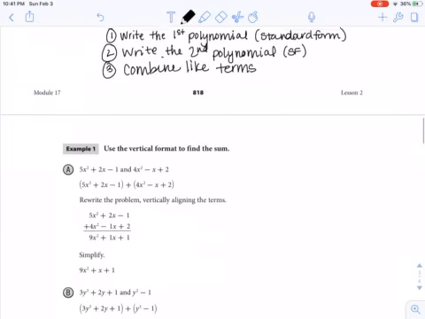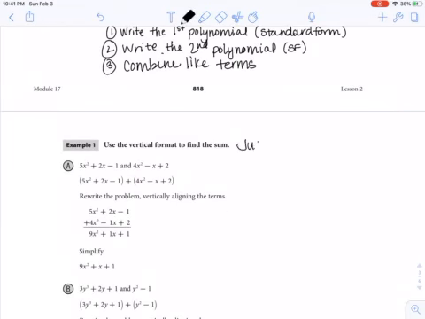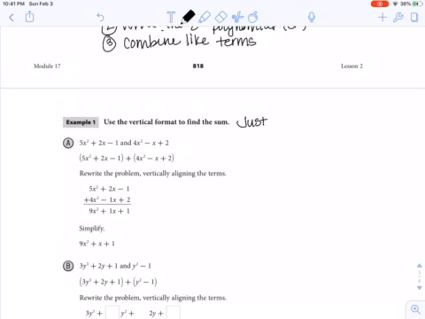Okay, so right now I want you guys to just watch. We're going to go ahead and do this. So the first thing that we do is we see that we have 5x squared plus 2x minus 1. And then we have 4x squared minus x plus 2. So we're going to rewrite the problem vertically aligning the terms.